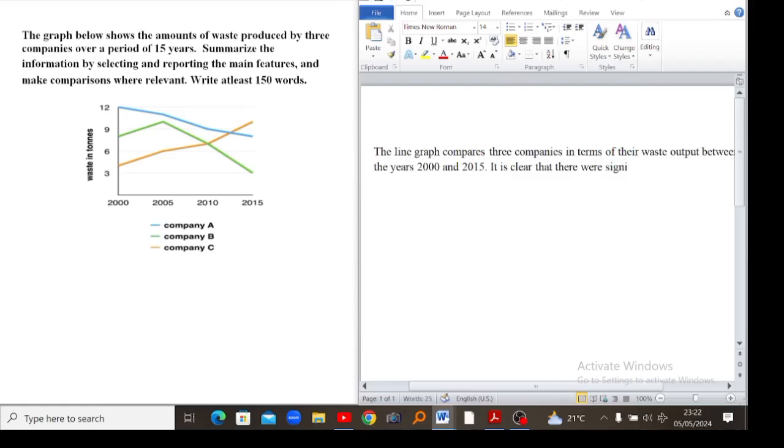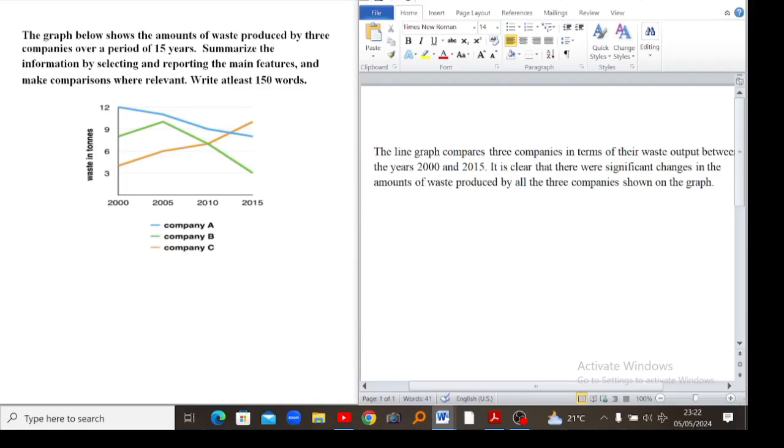It was significant changes in the amounts of waste produced for the companies shown on the graph.